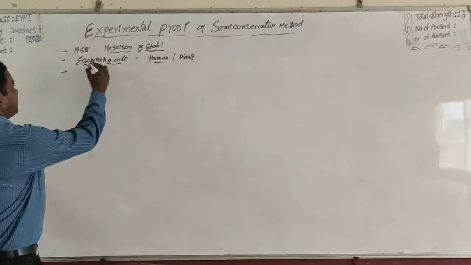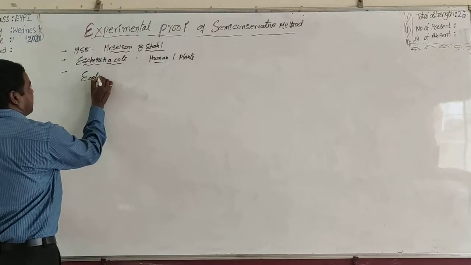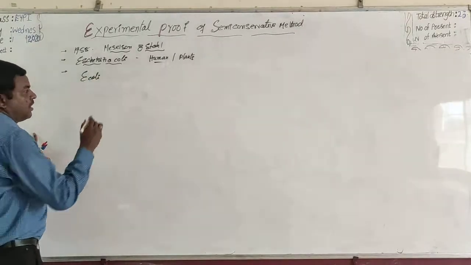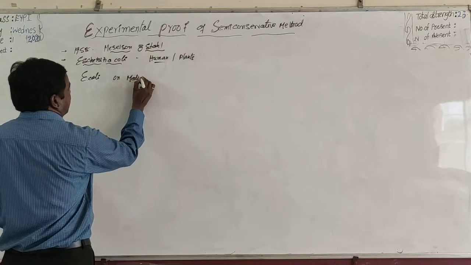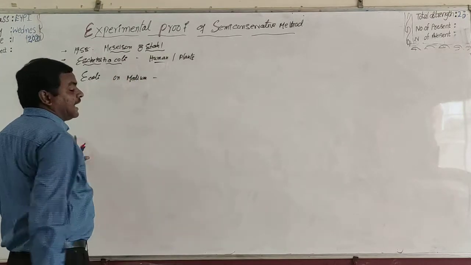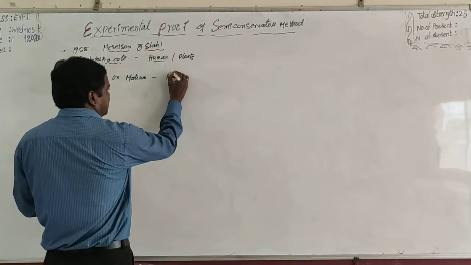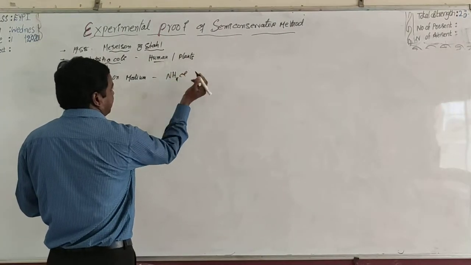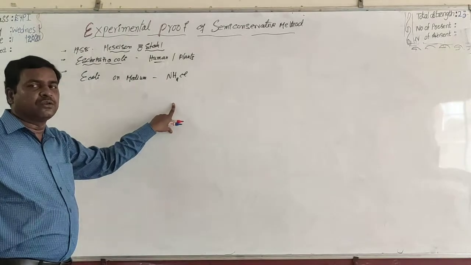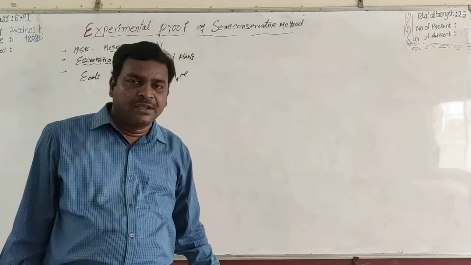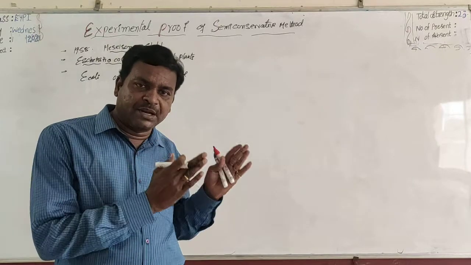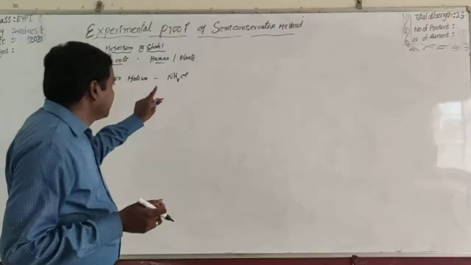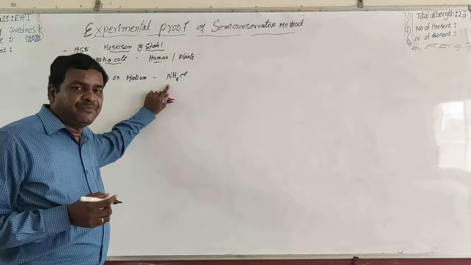Some E. coli cells were cultured in a separate medium containing NH4Cl, ammonium chloride.